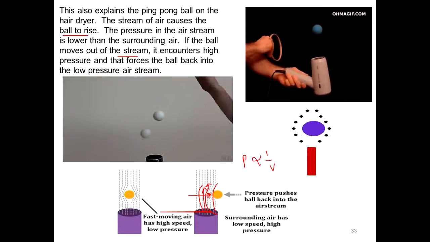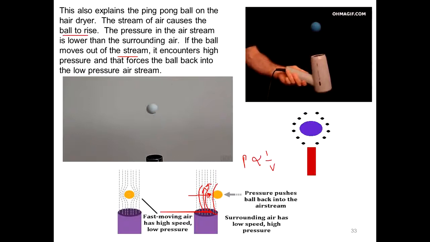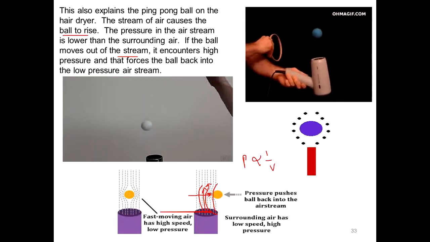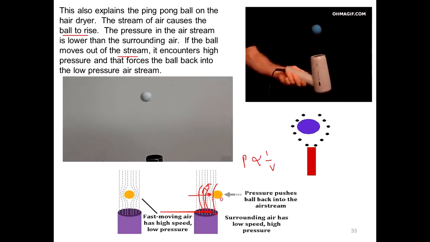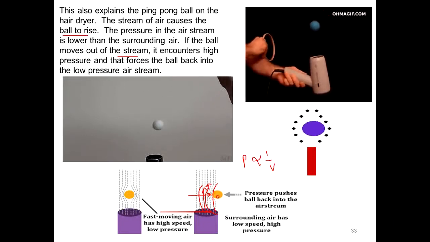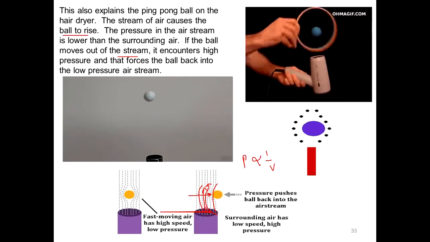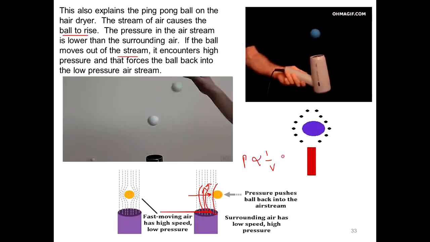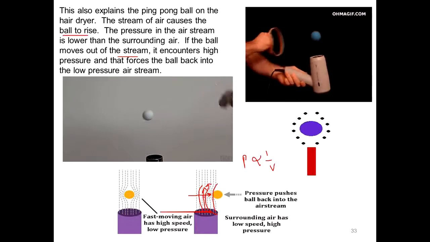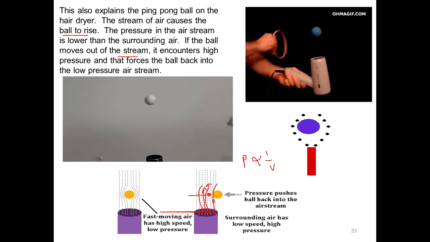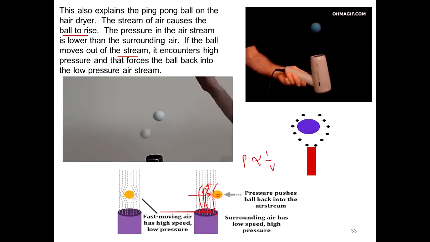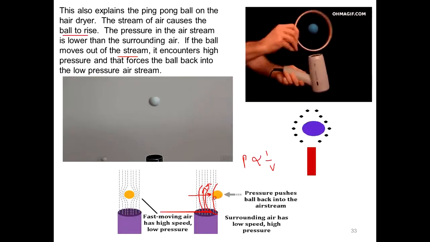According to Bernoulli's theorem, the pressure of the fluid on the left is less. The pressure on the right side of the ball is high.